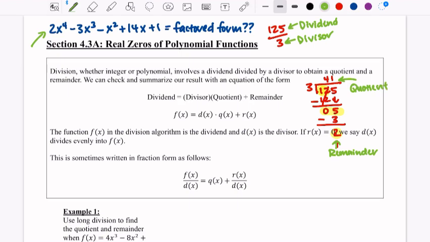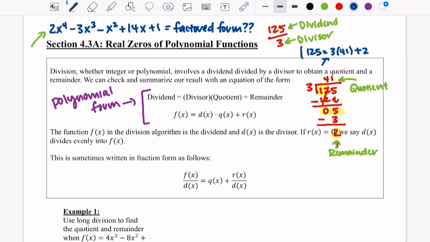Okay, so there's a few different ways that we can write our answers. The first way is in this format, which is going to be called polynomial form. If I were to write my answer to this in polynomial form, I would say that 125, my dividend, is equal to my divisor times my quotient, so 3 times 41, and then I'm going to add on my remainder, so plus 2.